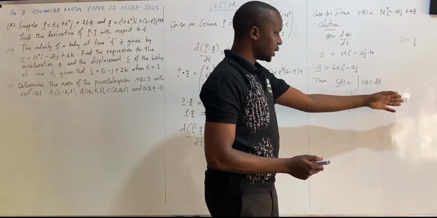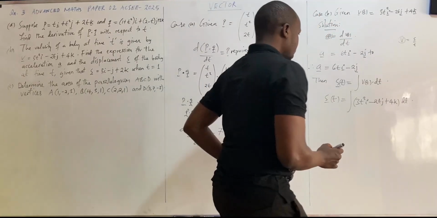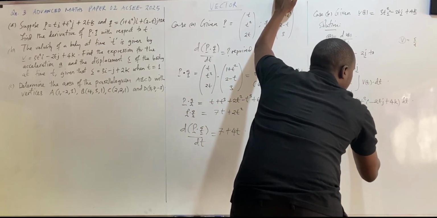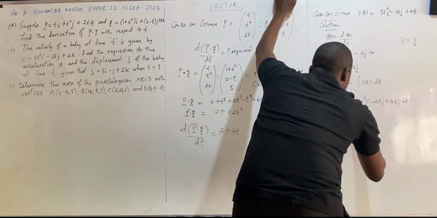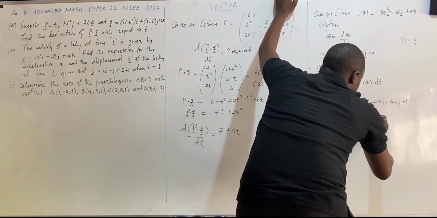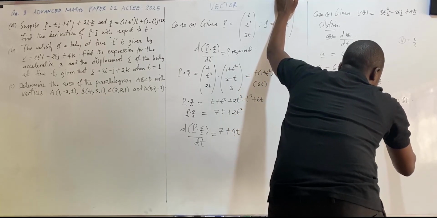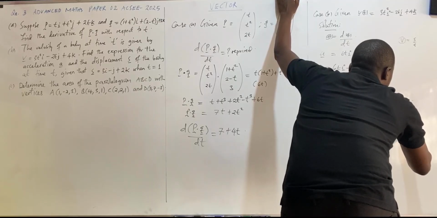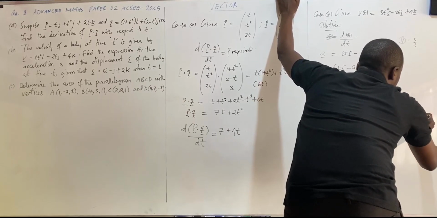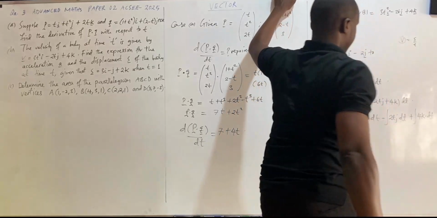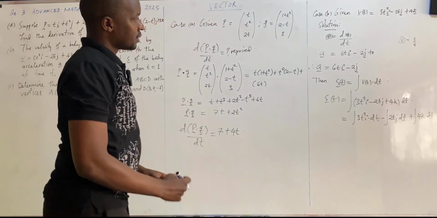We take integration inside, so it becomes the integral of 3t squared i with respect to t, minus the integral of 2t j with respect to t, plus the integral of 4k with respect to t.